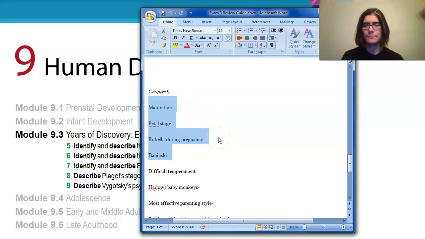When we talk about rubella during pregnancy, the thing to know is that it increases the child's risk of heart disease, deafness, and intellectual disability. And the very last thing, when we're talking about infants, is Babinski, which is the reflex where an infant's toes curl and fan out, so it's kind of opening and closing.